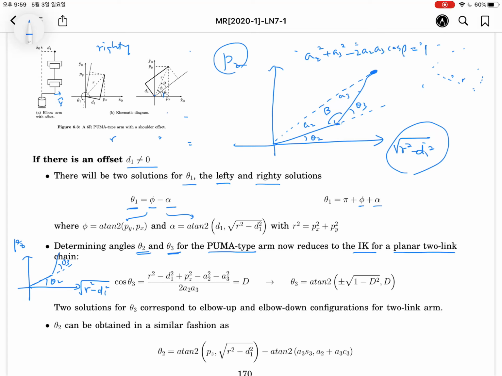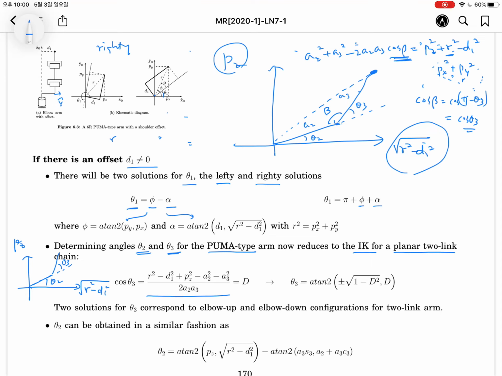So the cosine beta will be equal to cosine of pi minus theta 3. In this case, it should be equal to minus cosine theta 3. So the cosine theta 3 can be calculated like this. It's not difficult. I can write down this equation very easily.